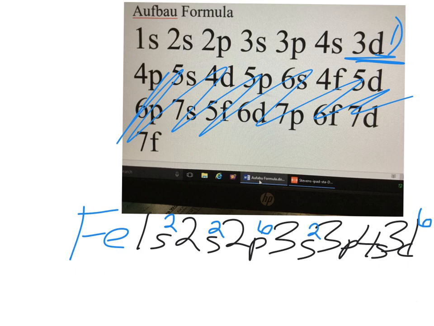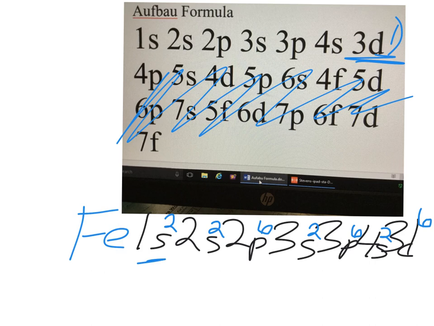And then the 3p? 6, very good. And then the 4s? 2. This is your entire configuration. Okay? You see how you're using that formula? It's giving you the pattern, right? Because that 1s starts from the very beginning, from hydrogen, and it goes like a snake from left to right. Okay? All right, so what's the next element?